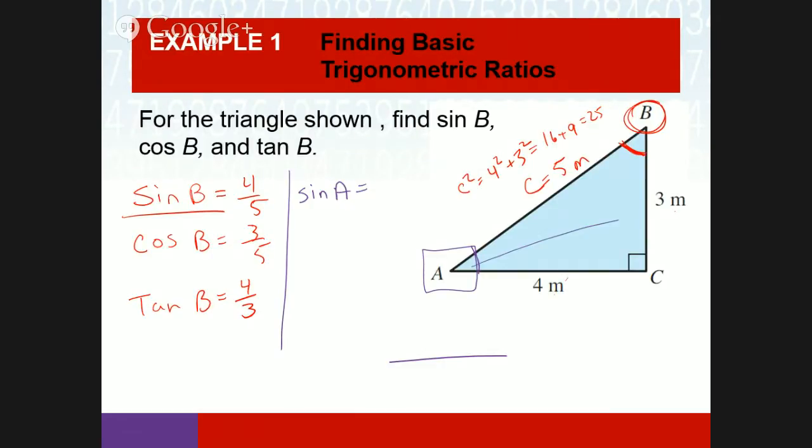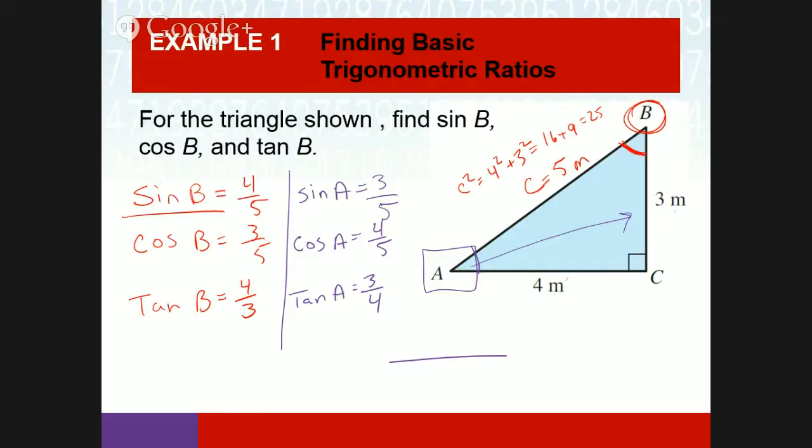What is opposite of angle A? 3. What is the hypotenuse? 5. So 3/5. What is cosine of A? 4/5. And what is tangent of A? 3/4. So they just flip places pretty much.